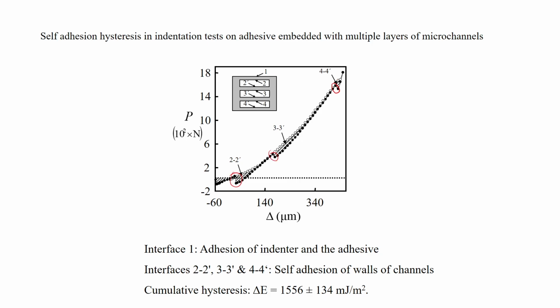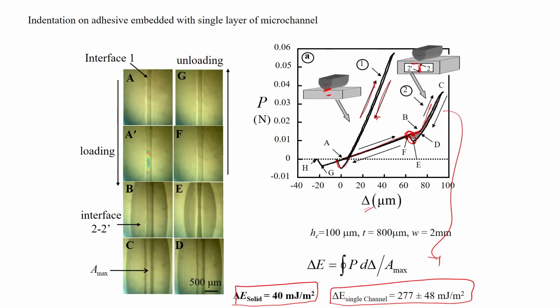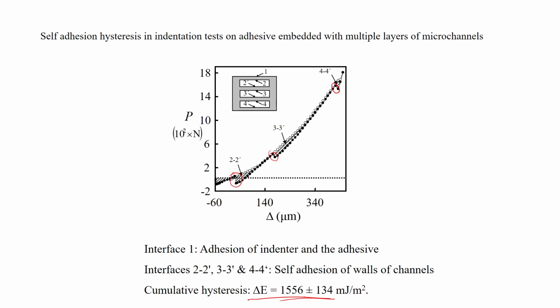This metamaterial effect helps out here, and we can enhance the adhesion, because we can now see the cumulative hysteresis goes as high as about 1600 millijoule per meter square, from 40 to about 300 to about 1600 millijoule per meter square. That is the interesting aspect of this particular microchannel, embedded in multiple layers of channels in this adhesive film.